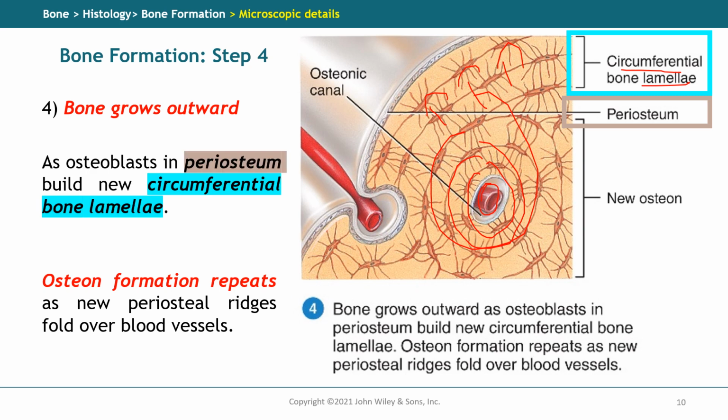So again, osteoblasts now are the ones that are creating not only the ridges, but now they have to grow the circumferential lamella. And as I told you before, this doesn't happen once, it happens multiple times. And here you see that the osteon formation repeats. So here you have the initial step, where this periosteal blood vessel has to go inside and create new ridges, and the circumferential lamella has to keep growing outwards to widen the entire bone tissue.